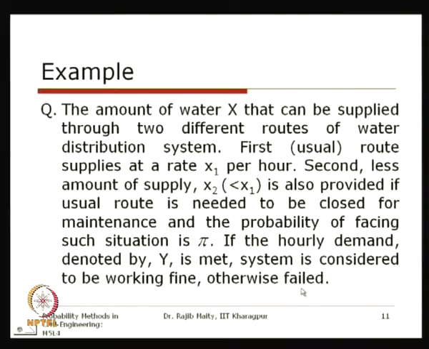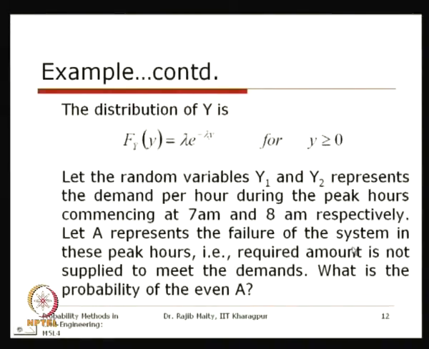otherwise it has failed. Now, if we consider two different hours, for example 7 am and 8 am, which are considered to be peak hours, they are represented by two different random variables y1 and y2.